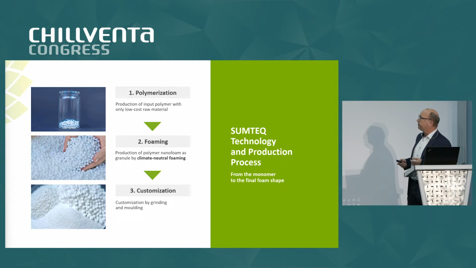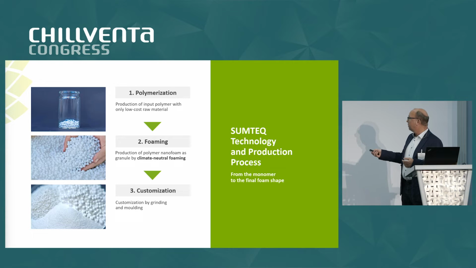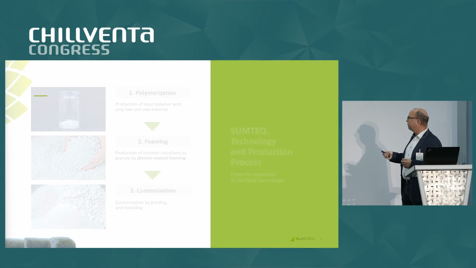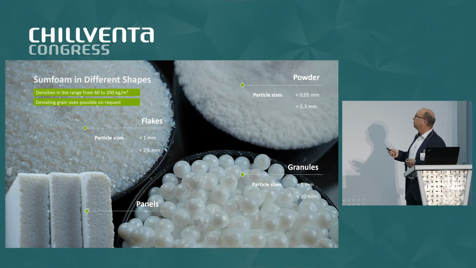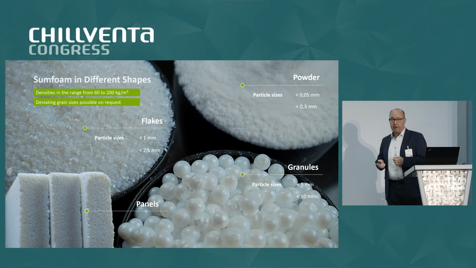Here you can see the different fractions we have at the moment. Beginning with the granules, that is what we have from the extraction. We have two standards, smaller than 5 millimeters and smaller than 10 millimeters. Then we grind it down to the particle sizes of the flakes, smaller than 2.5 millimeters and smaller than 1 millimeter, or down to a fine powder of smaller than 300 micrometers or smaller than 50 micrometers.